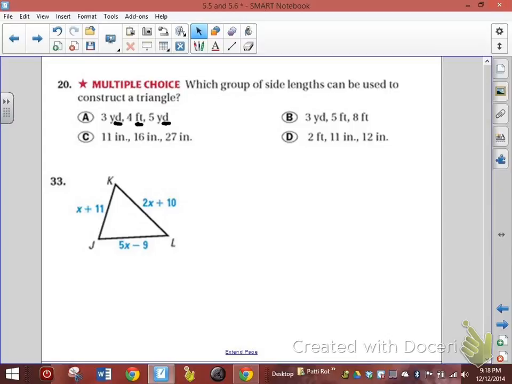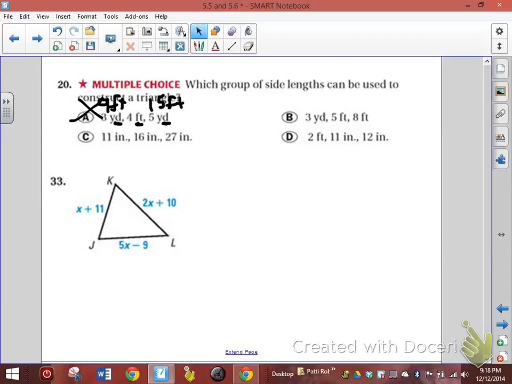Since there are 3 feet in a yard, if you times the 3 yards by 3, that really means that's 9 feet. Then we'll leave the 4 feet, and 5 yards would be 15 feet, because 5 times 3 is 15. You're supposed to add the 2 smaller ones, which would be the 4 and the 9, and that's 13. Since 13 is not bigger than 15, that would not be a triangle.